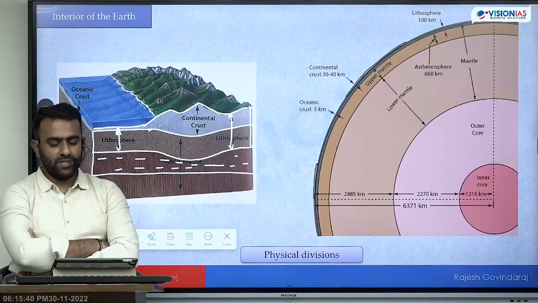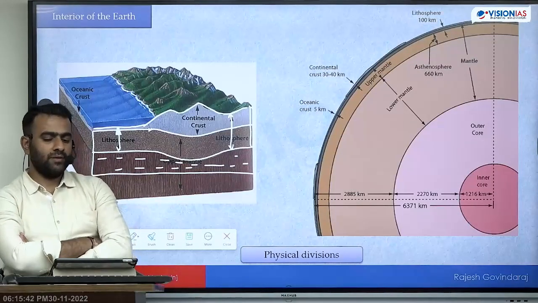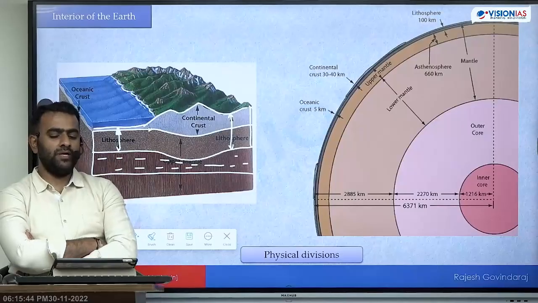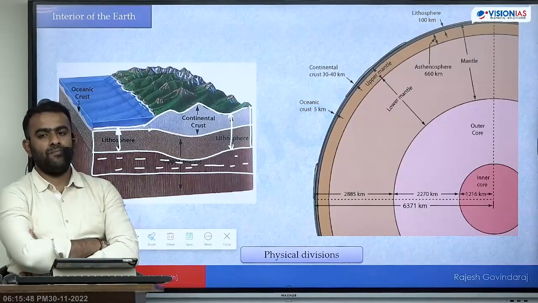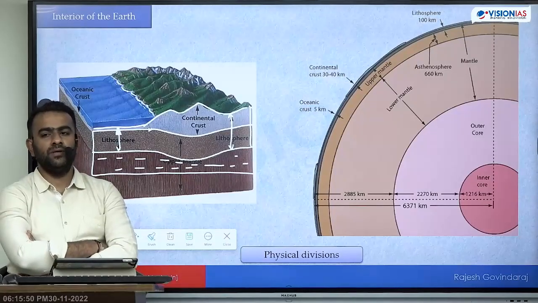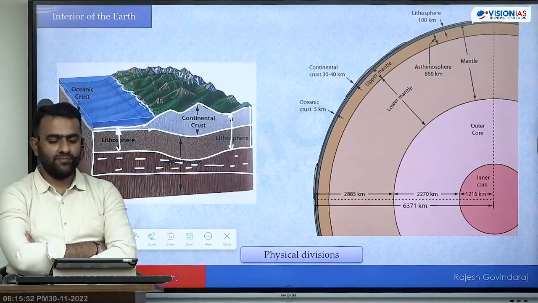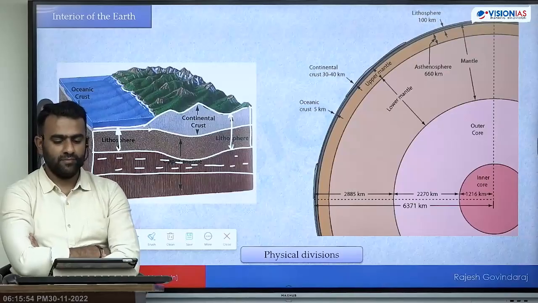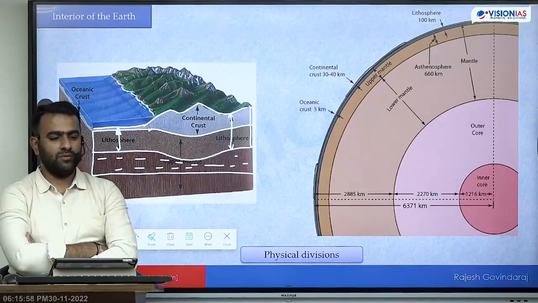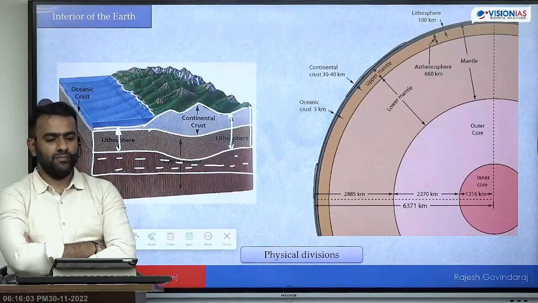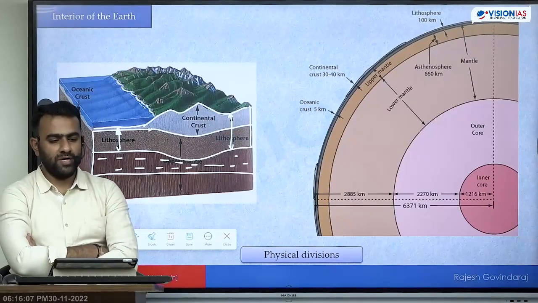Next point, it is in a semi-solid, semi-liquid state which undergoes deformation under pressure.